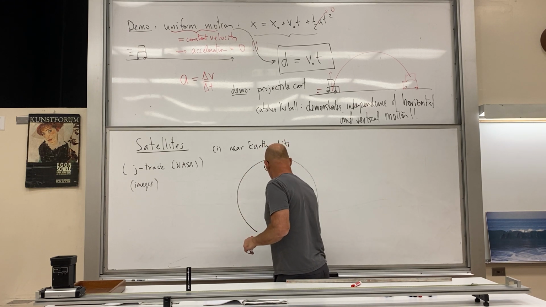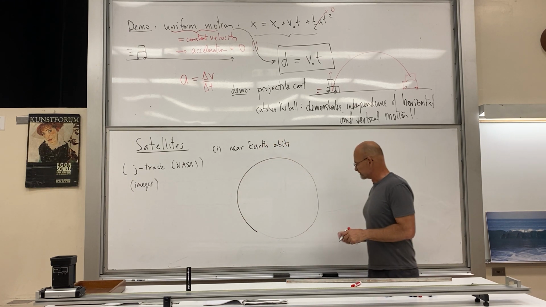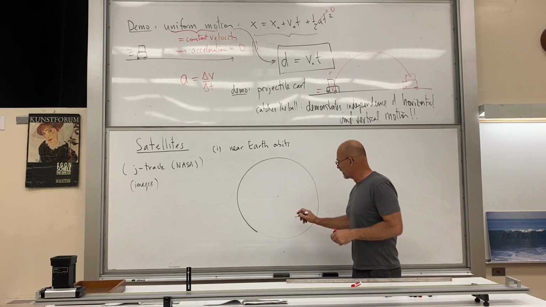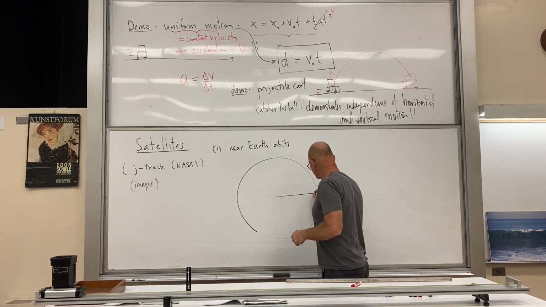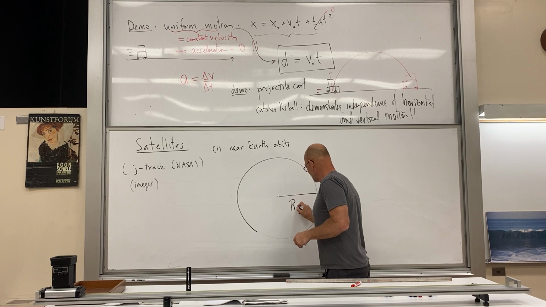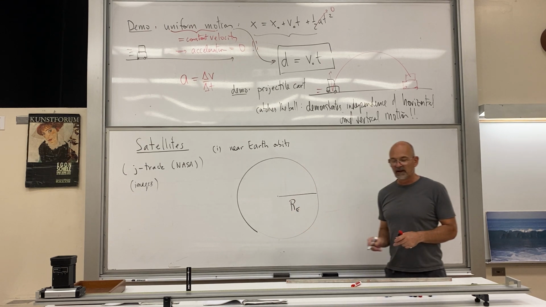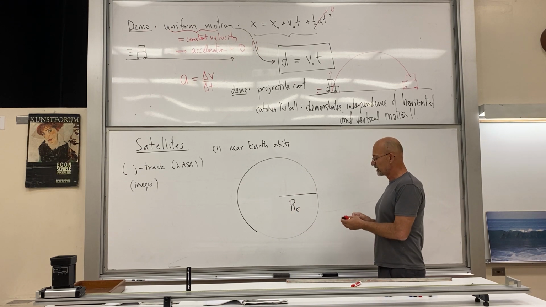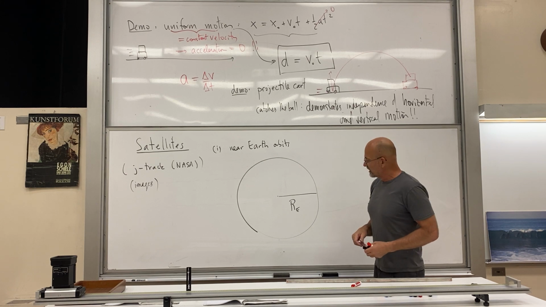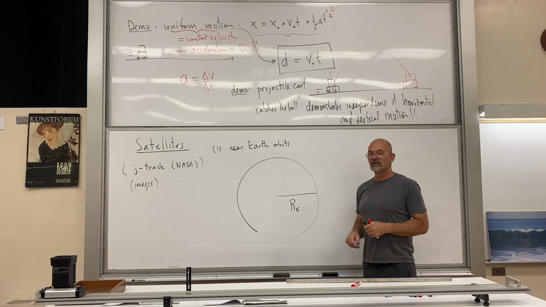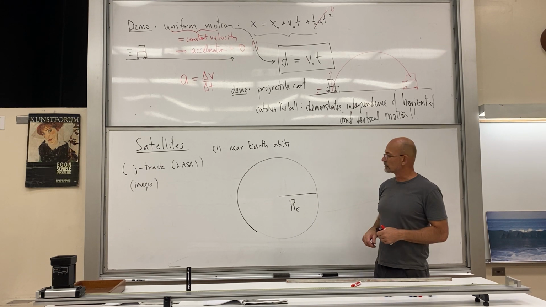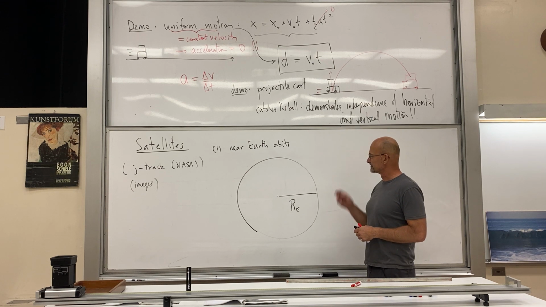Okay, got us a large circle here. This is Earth. We know Earth's radius. We measured it, so to speak, in this class. We know Earth's radius, 6,400 kilometers roughly, okay? Big.